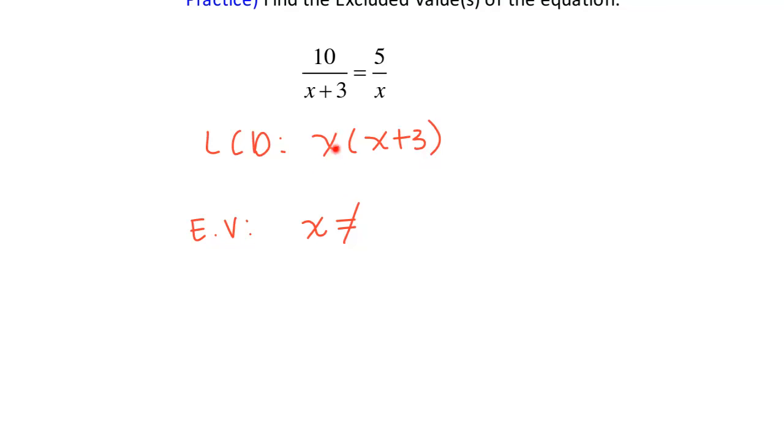All right, for this first one, that's an x. If I make it x equals 0, that means my excluded value is 0. And for this one, x plus 3, what did you get for the excluded value? Negative 3. Good. You just switch the sign. Okay?